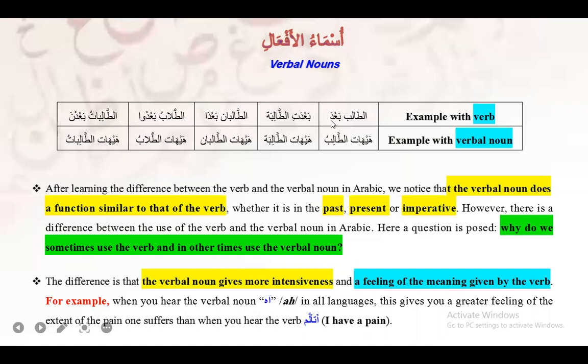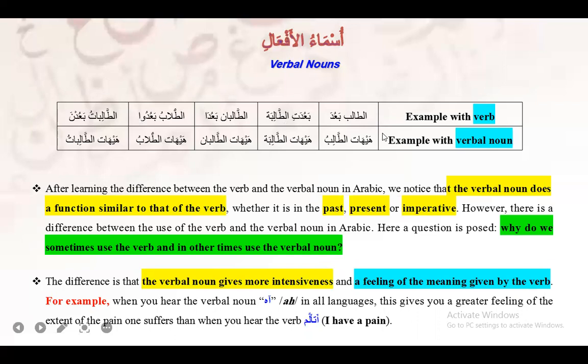Here the verb بعد changes according to singular, plural, masculine and feminine. طالب is male, طالبة is female, طالبان is dual, طلاب is a broken plural, and طالبات is a female plural.